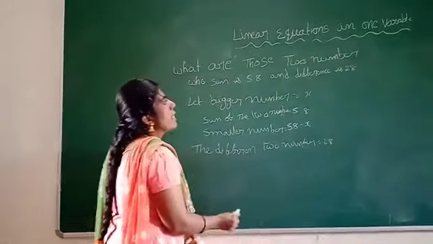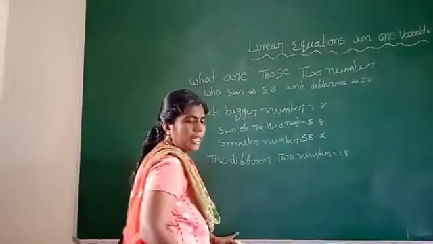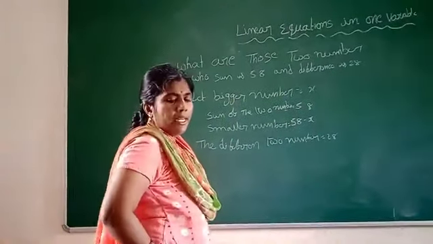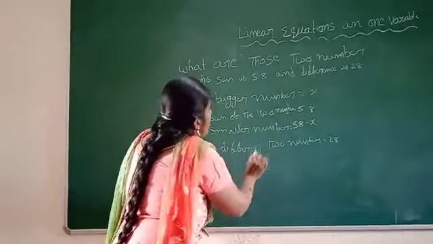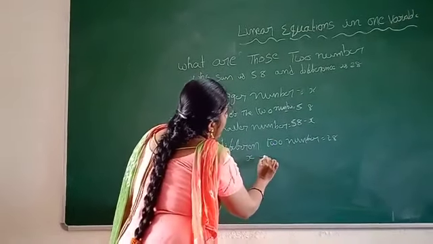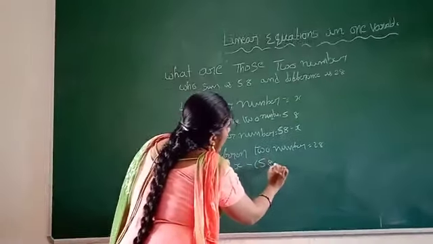Difference is nothing but subtraction. So the bigger number minus the smaller number, x minus (58 minus x).